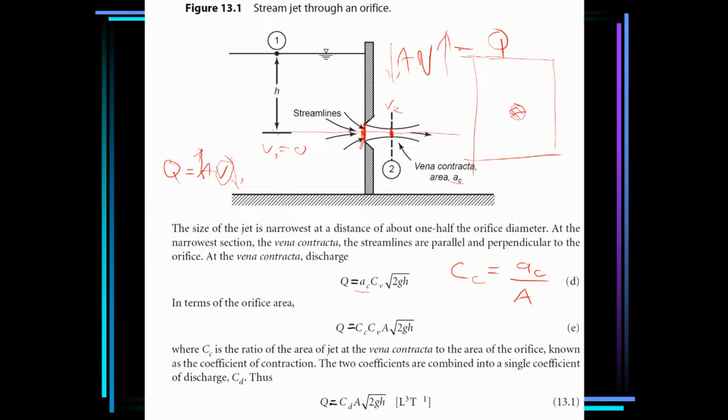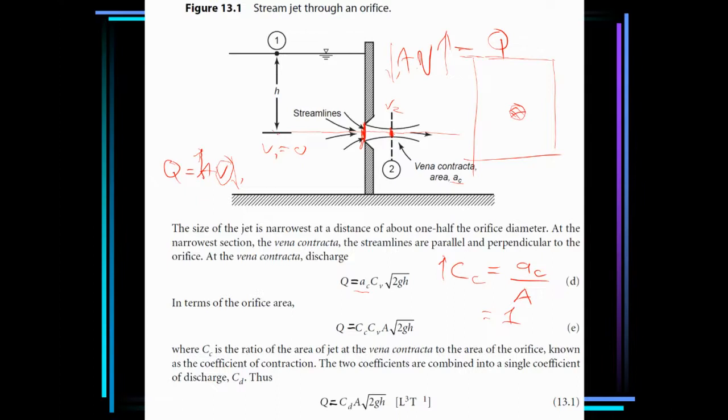The higher the value of the coefficient of contraction, the less the contraction, while the lower the value, the more contracted the jet is. Higher values of CC indicate less contraction, because imagine CC equal to 1: it means AC equals A, so there is no contraction.